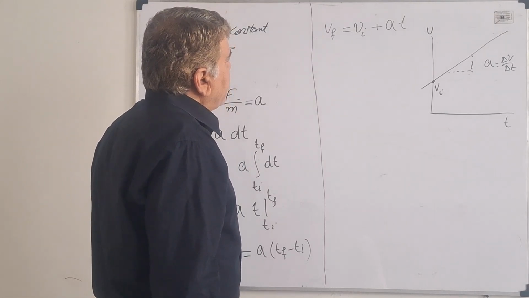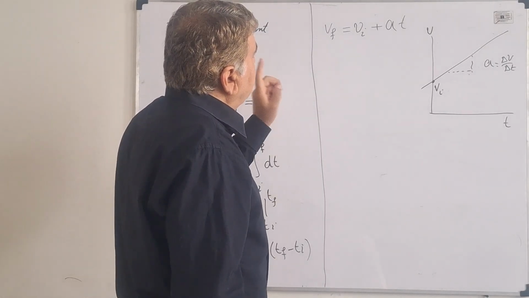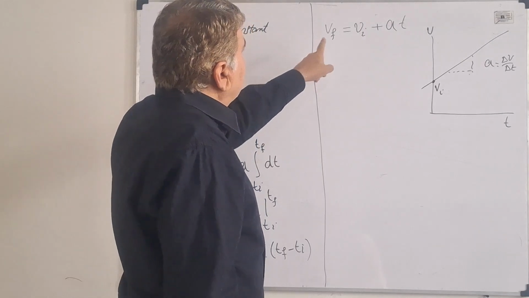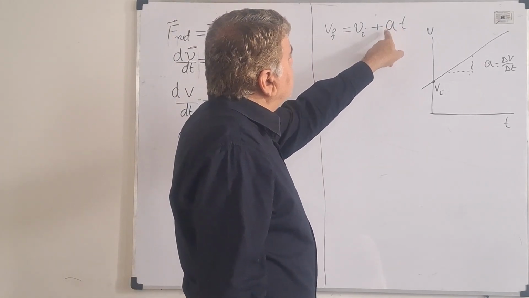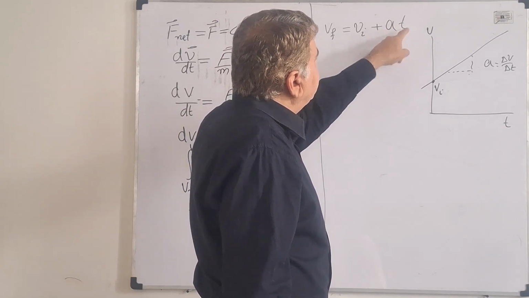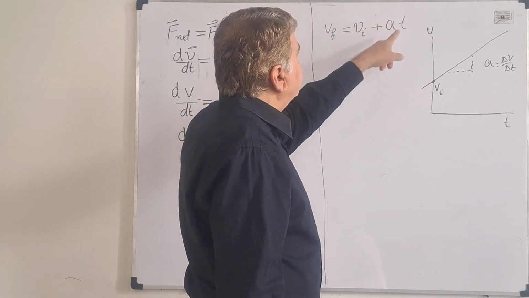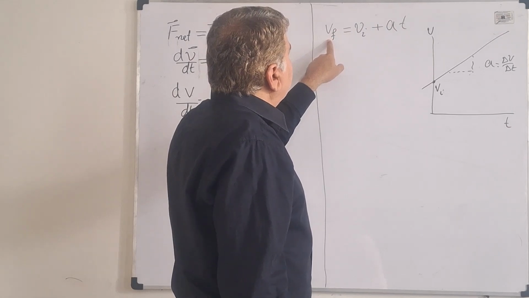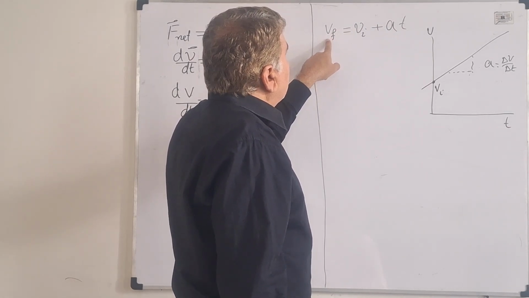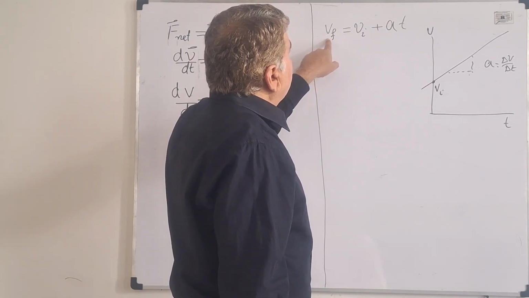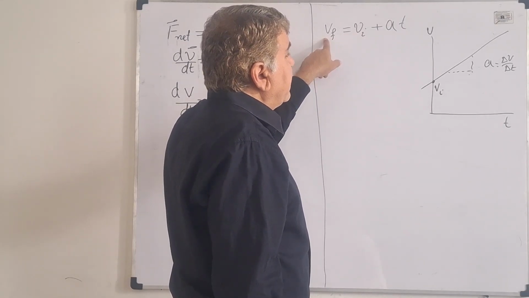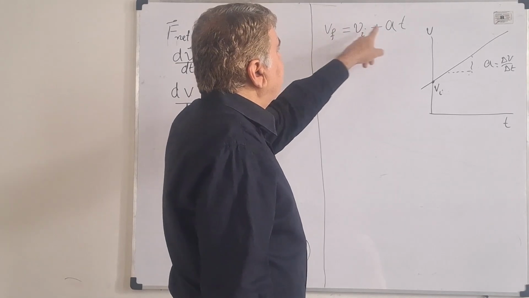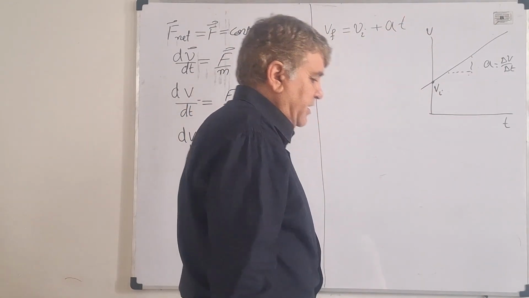And remember, there is one thing that you must note. If the acceleration is constant and the time keeps on increasing, the velocity will obviously keep on increasing. So as per this equation, we can get infinite velocity when t tends to infinity.